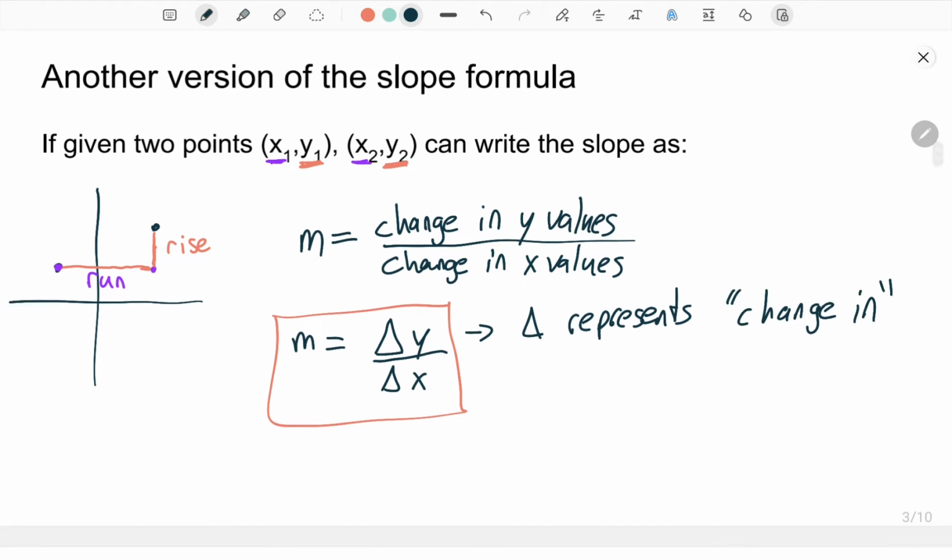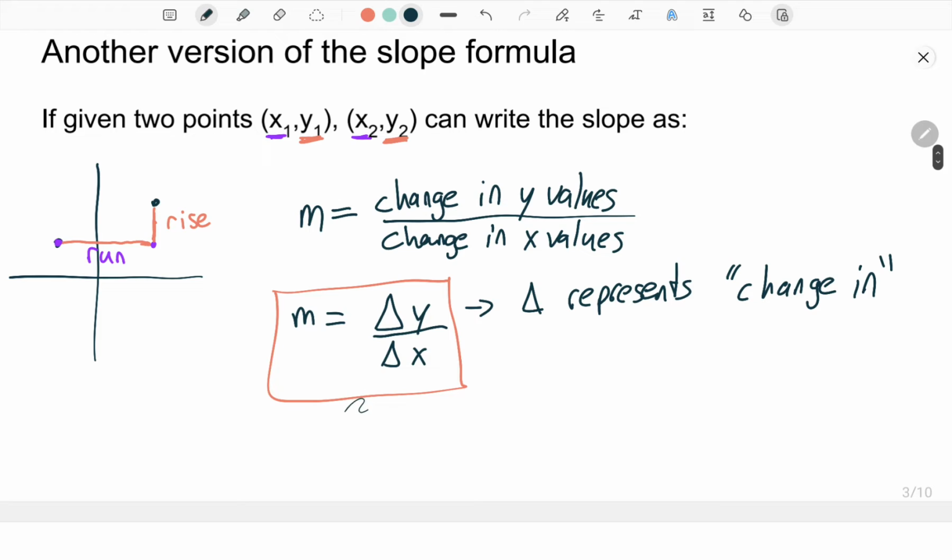We also have an additional new way of writing it, which is just based off of this. So what do we mean by the change in y? Well, more specifically, we can write it out as the y value of our 1 point. We'll say the point 2, the one at the top, subtract the y value of the other point. That would be the change in the y values.